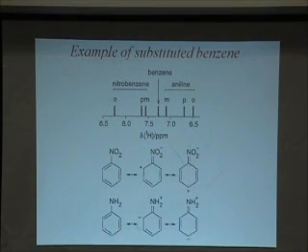Now ortho and para protons of nitrobenzene are shifted, they go more de-shielded. They are shifted downfield, they go to the left. Because of the electron withdrawing properties of the nitro group, the electron density is decreased at this position, and also at this position.